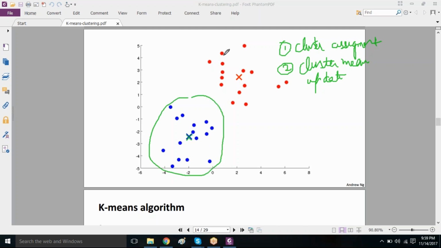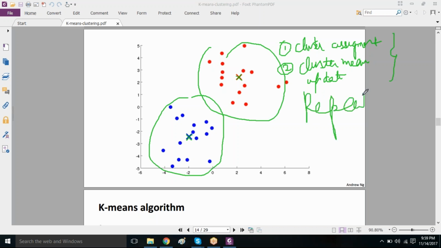So these two steps keep on repeating until you find that there is no change. From here, if you recalculate the assignment, these points will be assigned to this, these points will be assigned to this. If you calculate the mean, it will be the same. So it will stop changing now.